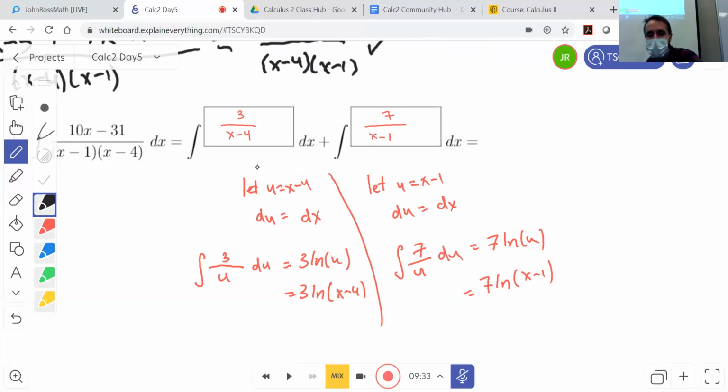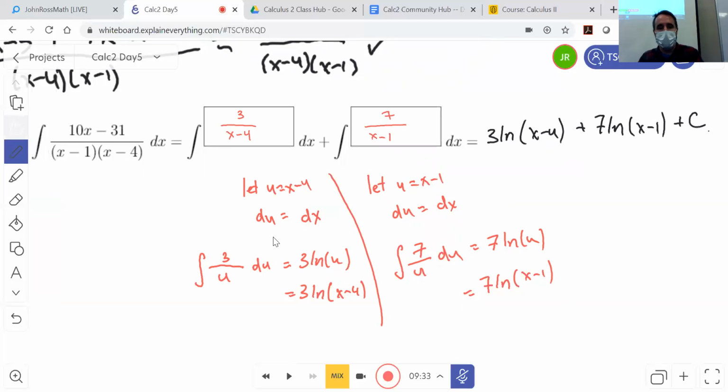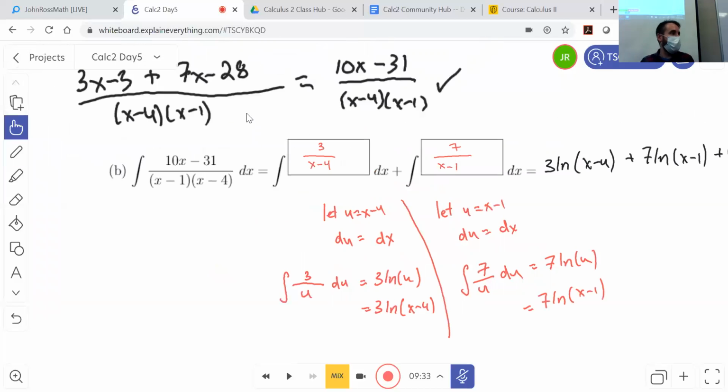So that just simplifies down to be 3 ln of x minus 4 plus 7 ln of x minus 1, and then plus that extra constant at the end, so plus c. All right, and let me pause there to see if there are any questions, comments, or concerns at the moment.